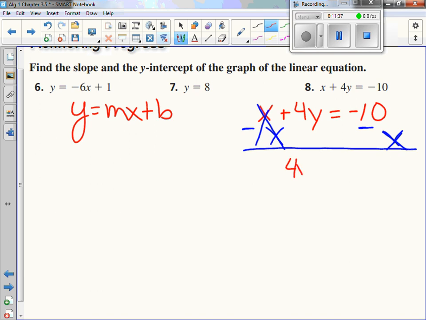So I'm left with 4y equals negative x minus 10. And again, we want the x in front, in the first spot, because we want this to line up with our y equals mx plus b. In y equals mx plus b, the x term is always first.